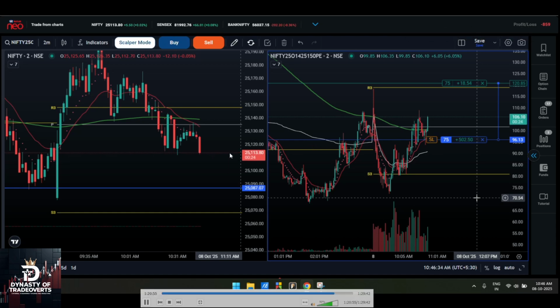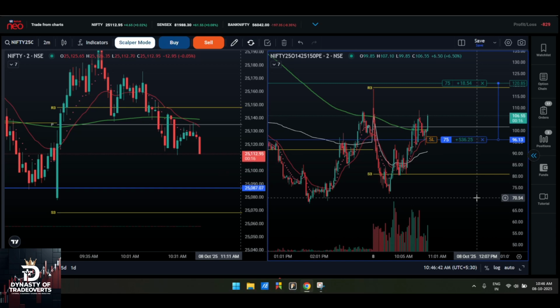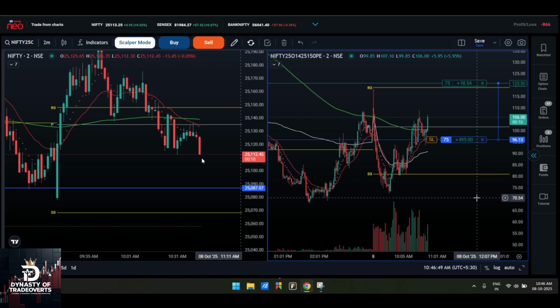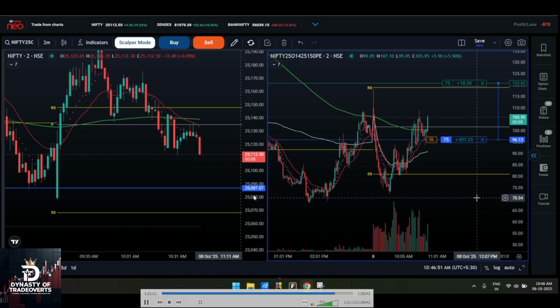Here Nifty is coming down to the 25,100 level. If it is broken, then we can expect a good spike on the PE side. So I'm waiting to see if 25,100 is broken down. At this point, I have recovered half of my losses.